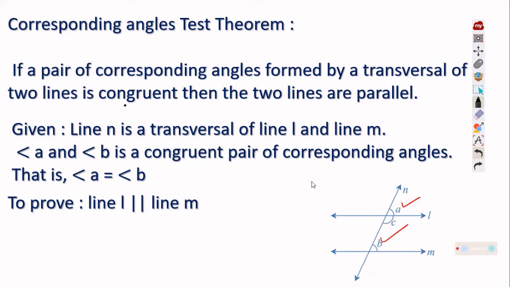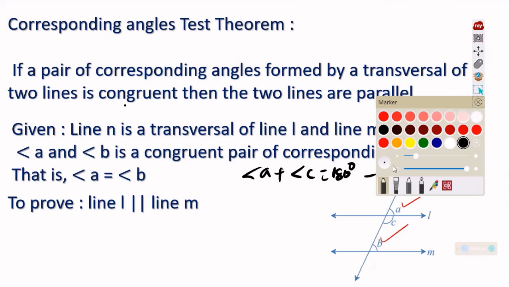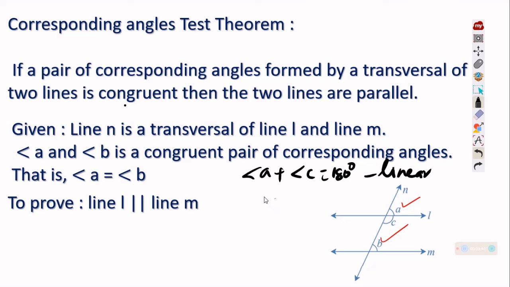We also can see that angle A plus angle C is equal to 180 due to the linear pair. And again, angle A is equal to angle B is given. So we can replace A with B, that means angle B plus angle C is equal to 180.